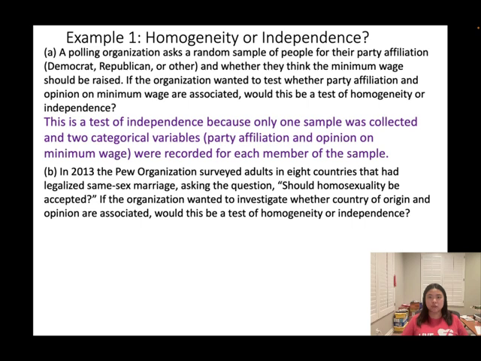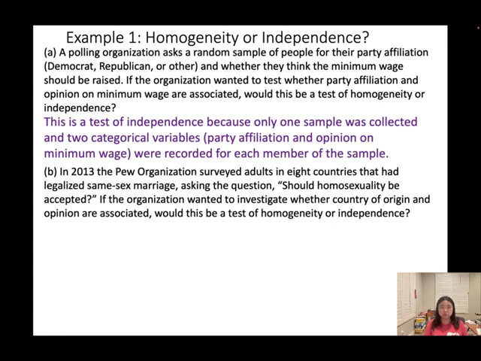And then they only have one sample, okay? Only one sample. There will be a random sample of the people. So one population and two variables. So that would be the test of independence.